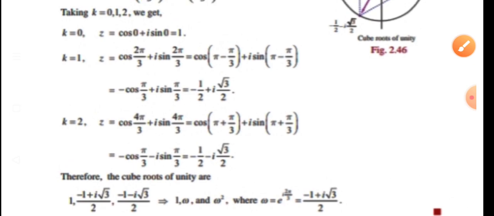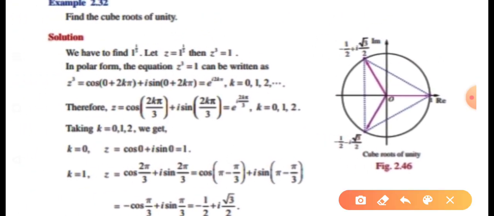Now in the diagram, here 1, here ω, this is ω square. The 3 points form a triangle, and the 3 points lie on the circumference of the circle, all with radius 1 unit.